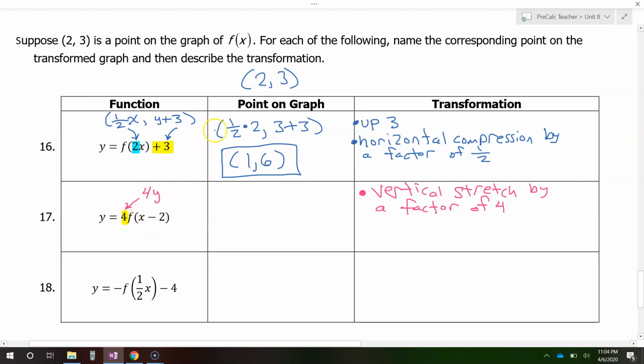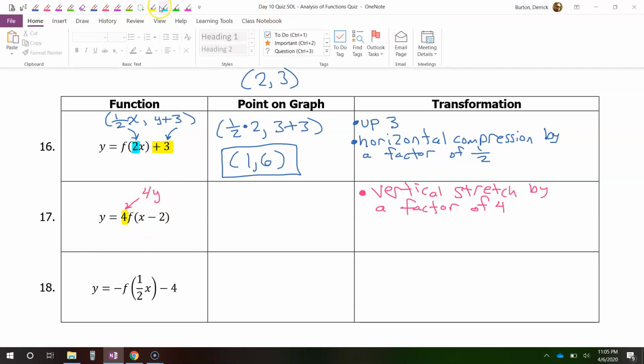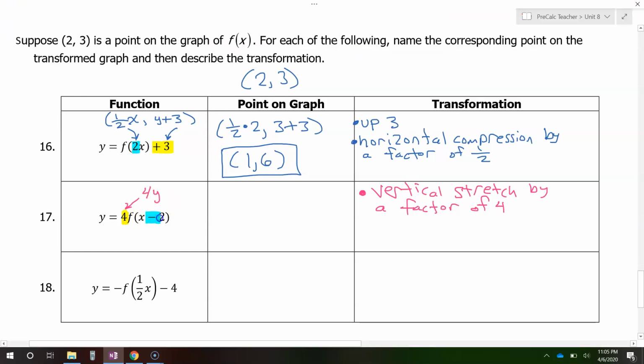Now, my x values are being affected by this minus 2. Of course, that is a transformation of moving to the right by 2. Everything happening to the x values inside the function will be the opposite of the way it looks.